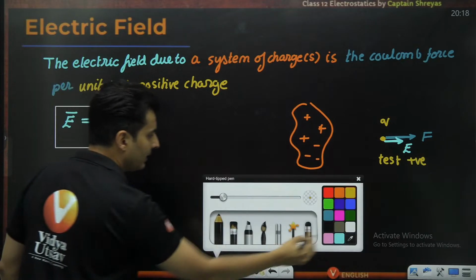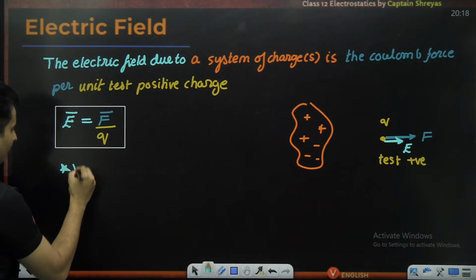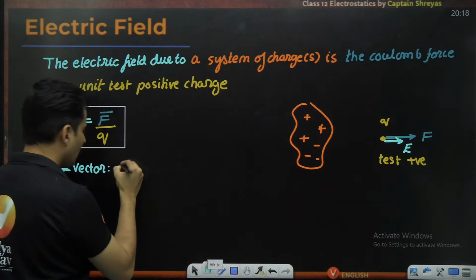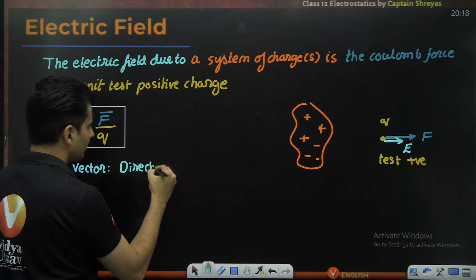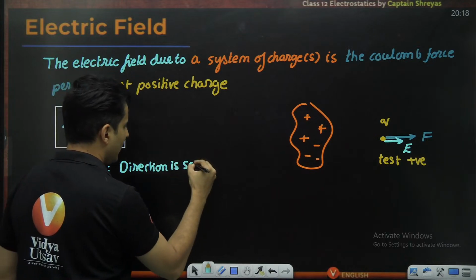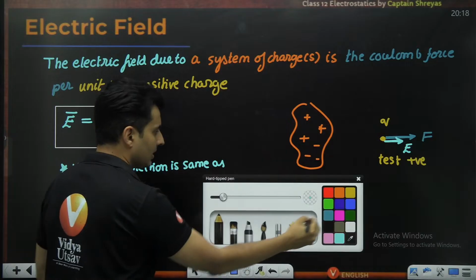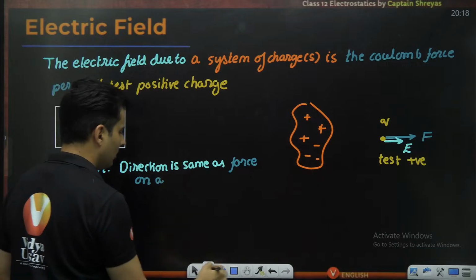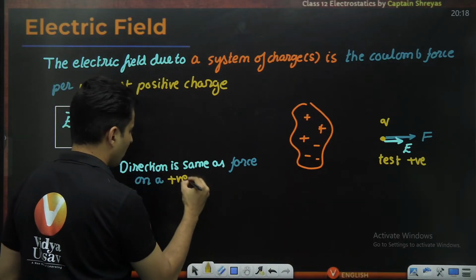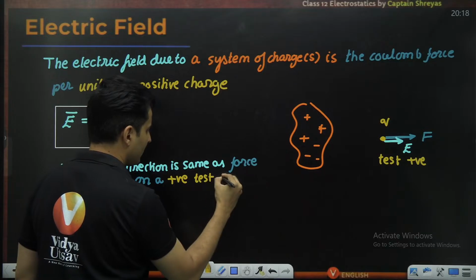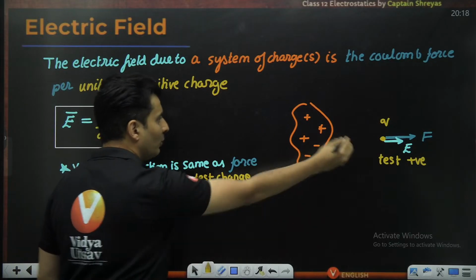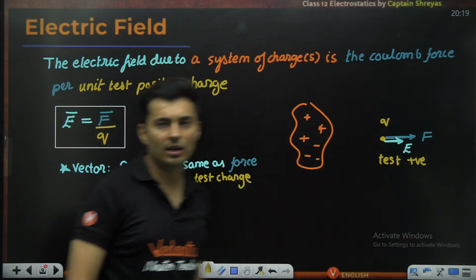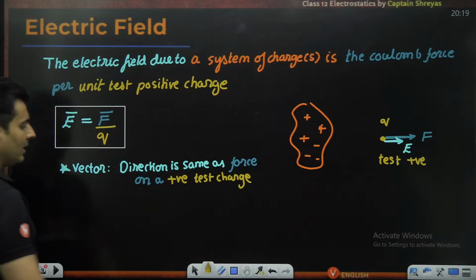So electric field is nothing but a vector quantity, and the direction is the same as the direction of the force on a positive test charge. So if you put a positive charge over here, whatever is the direction of that force, same is the direction of the field.